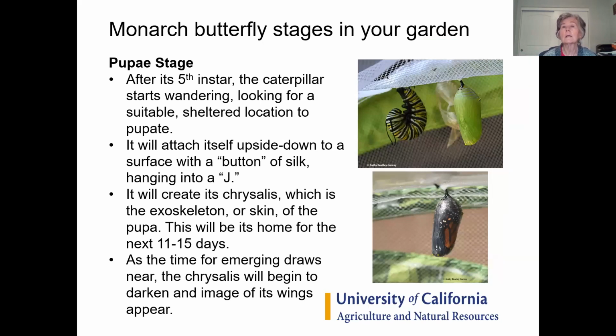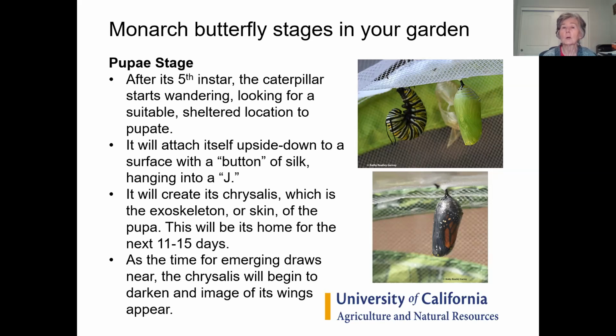Okay, so the next stage is the pupa stage. After its 5th instar, the caterpillar starts wandering, looking for a suitable sheltered location to pupate. And as you can see here, it attaches itself with a button of silk that comes out of the tail end of its body to anchor itself onto a surface, and it hangs in this J shape.